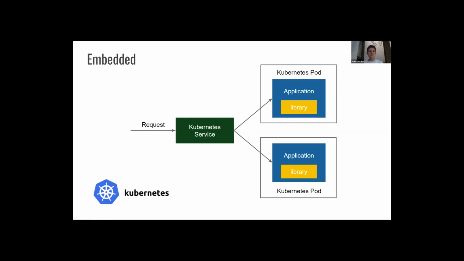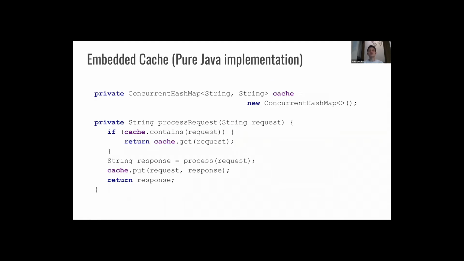If we think about this example of caching, it is very simple. I mean, caching is simple, so if we want, we can even implement it on our own. If you like Java, that is how we could implement it. We could have a concurrent hash map as a cache, and every request goes to the process request method, where we first check if such a value is already in the cache.